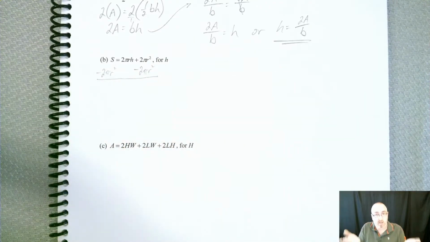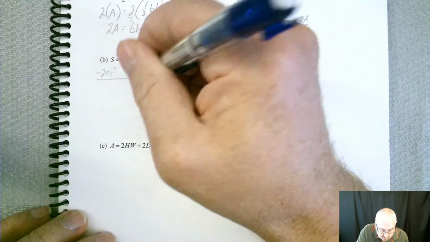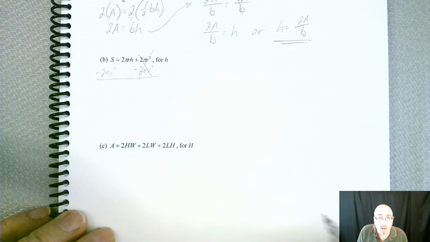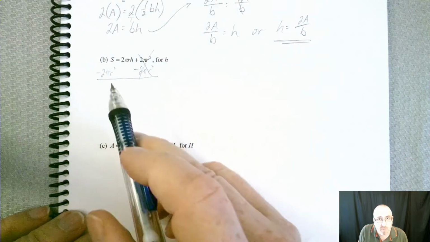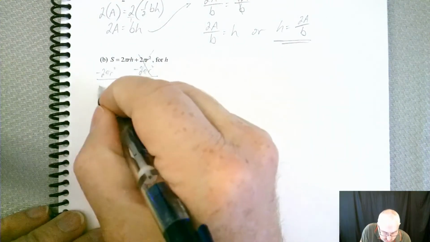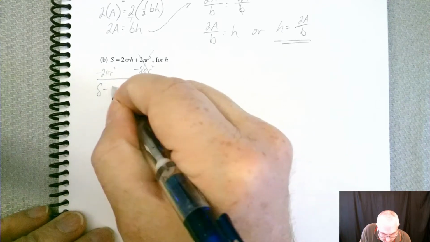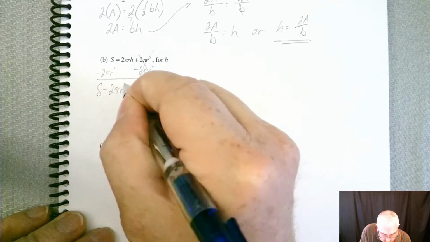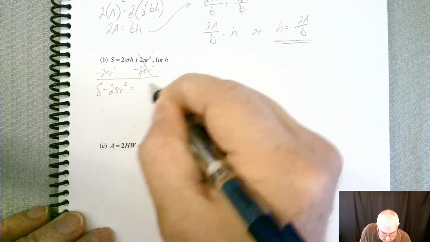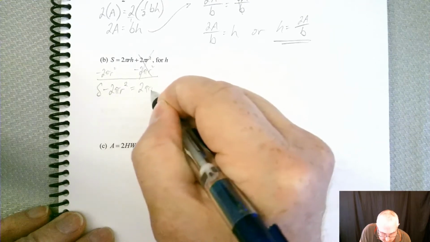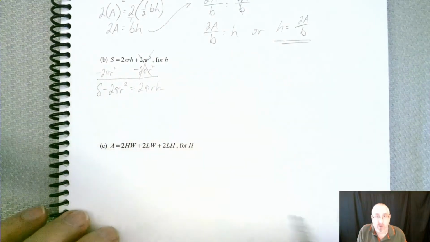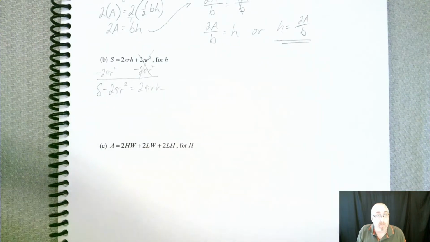It stays balanced. So it cancels off completely on the right. On the left, we just have to be careful how we write it. Let's put the S first, and then the minus 2 pi r to the second power. And then on the right-hand side, we have 2 pi r h all by itself now.